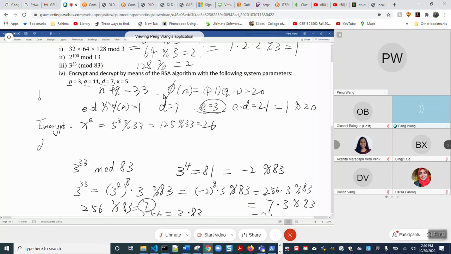And then we do the decryption. The decryption is 26 power 7 mod 33, and the result is 5. And that's all for the first question.